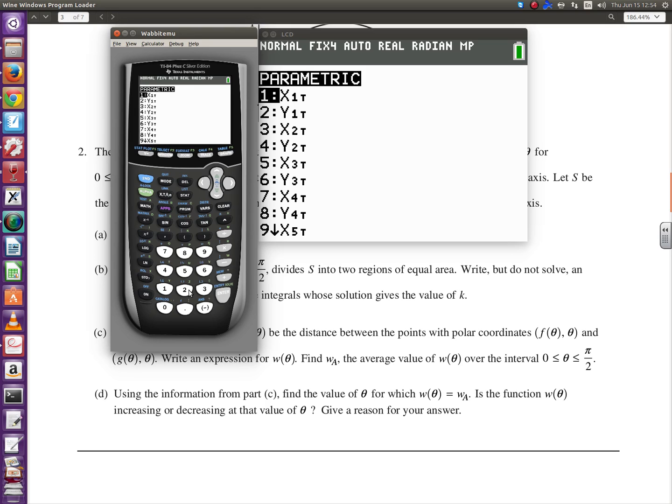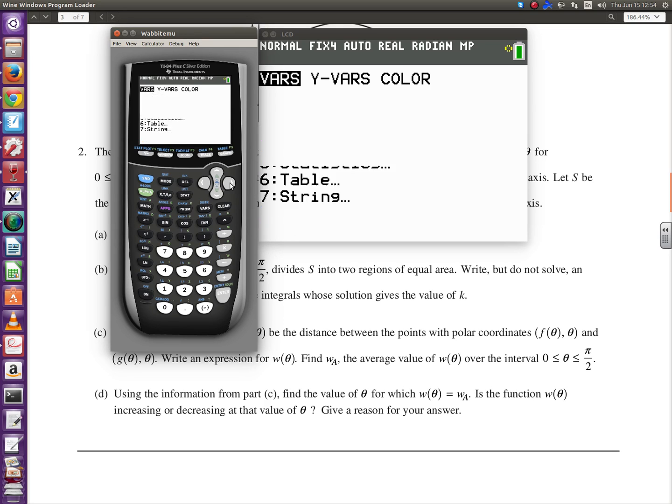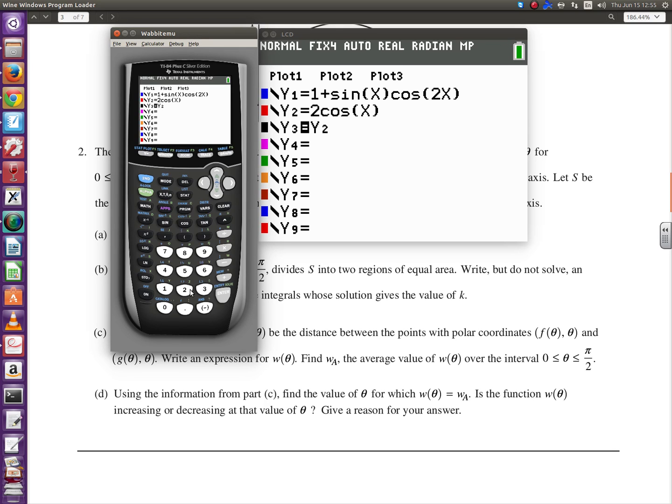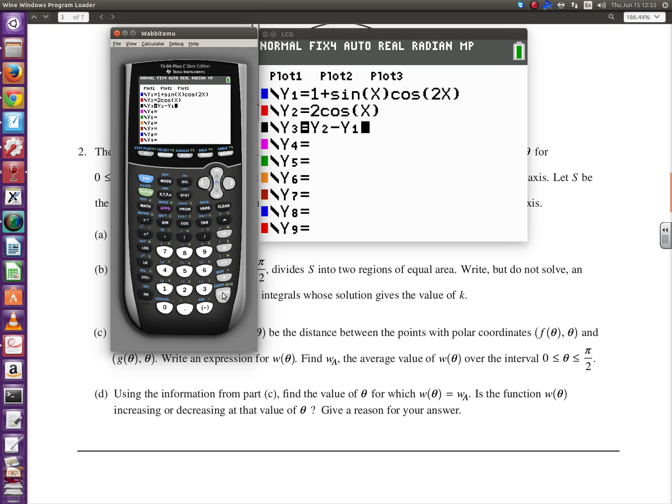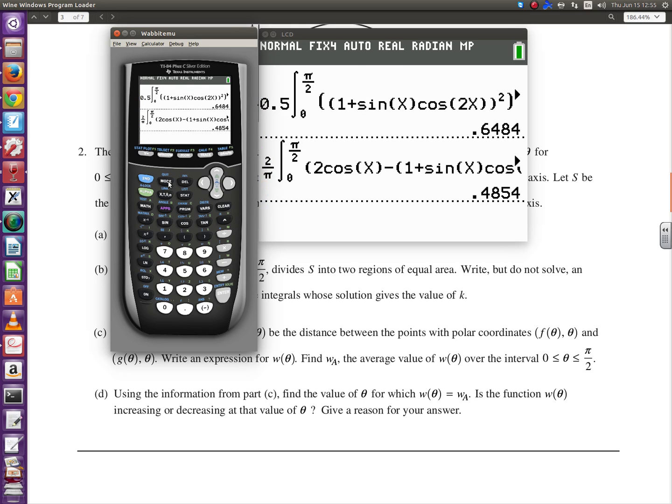y2 minus y1. That's what I want to graph. And I want to see when that is equal to this answer.